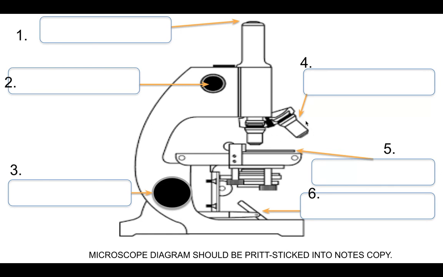That means the magnification is now increased. Let's say I am viewing this sample at times 4. I've already got an eyepiece, which is times 10, and now I've got times 10 times 4. 10 multiplied by 4 gives you 40. Therefore, what you're seeing in the eyepiece is actually 40 times greater in size than its actual size.